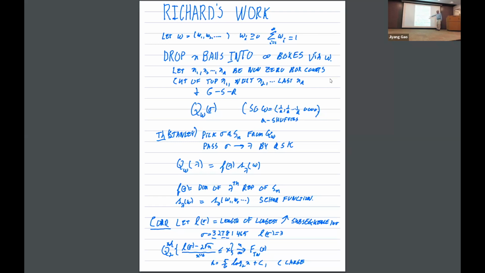Suppose you shuffle a deck of n cards k times, then look at the length of the longest increasing subsequence, L of sigma. If the cards were really well shuffled, that should be about 2 root n. If you divide that by n to the 1/6, that has a celebrated limit distribution.